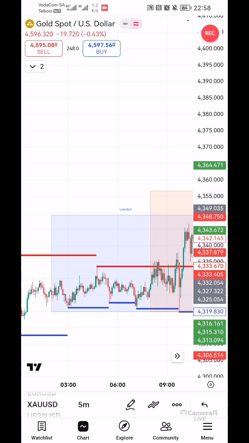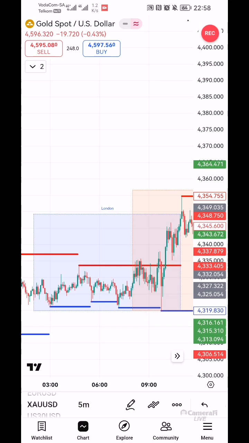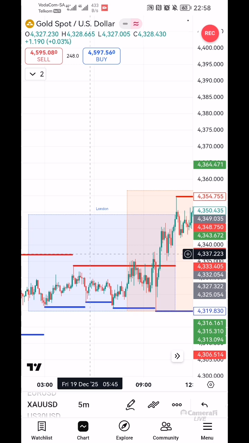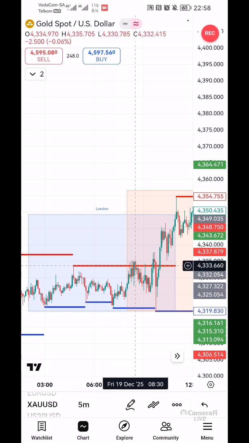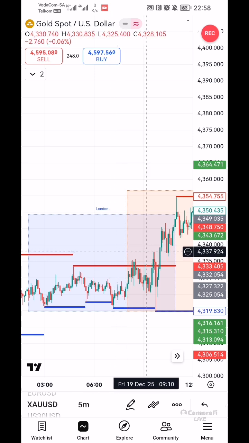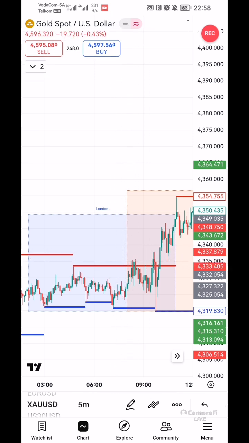So normally what I like to do when I have a resistance, you can see I have a resistance here and also a next one and another one closer to it, right? My rule is I have to wait for the market to close above this resistance, then I can be sure that the market really is pushing towards that direction.